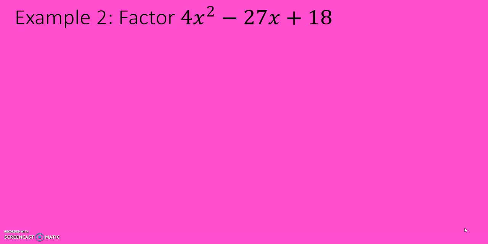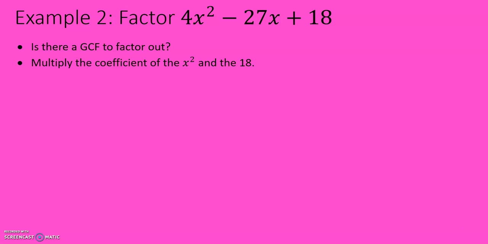Example 2, factor 4x squared minus 27x plus 18. Is there a greatest common factor to factor out from the 4, the 27, and the 18? The answer is no. Multiply the coefficient of the x squared and the 18. So 4 times 18 is 72.